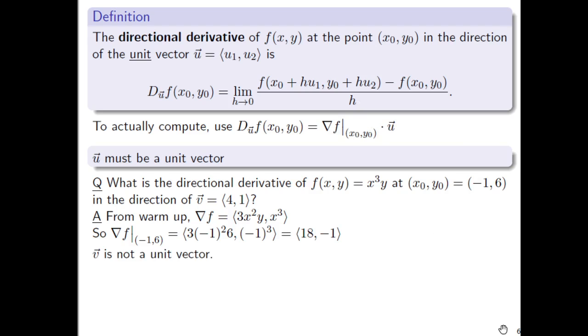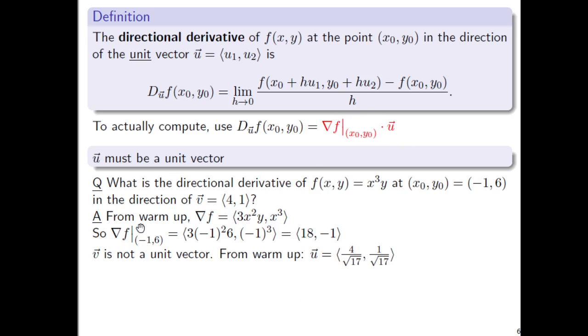The vector 4, 1 we already saw had magnitude √17, but from the warm-up, we had normalized this, right? So we had already a vector that's in the same direction, but is a normal vector or a unit vector: 4 over √17 comma 1 over √17.